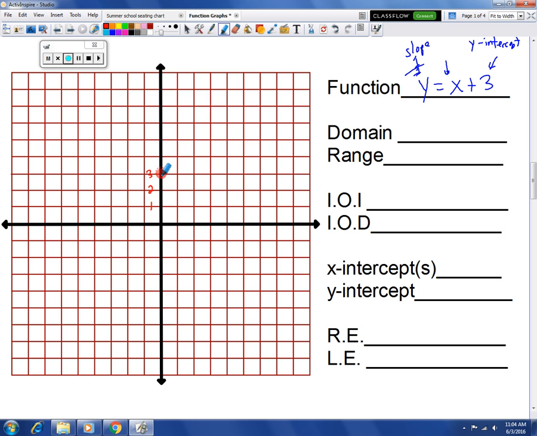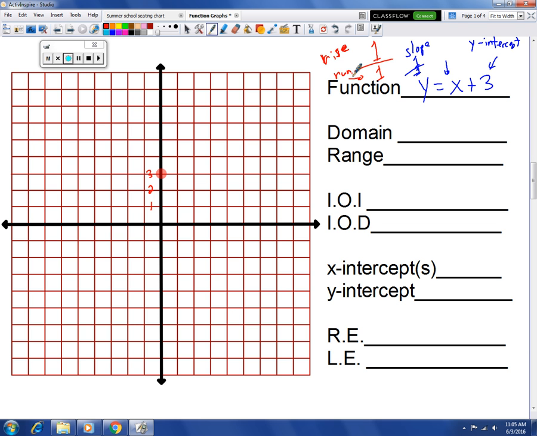Okay, let's use the slope. The slope, the number in front, is 1. Don't make it 1 over 1. Rise means go up or down, like you rise in the morning. Run means you go forward or backwards, right or left. They're both positive.